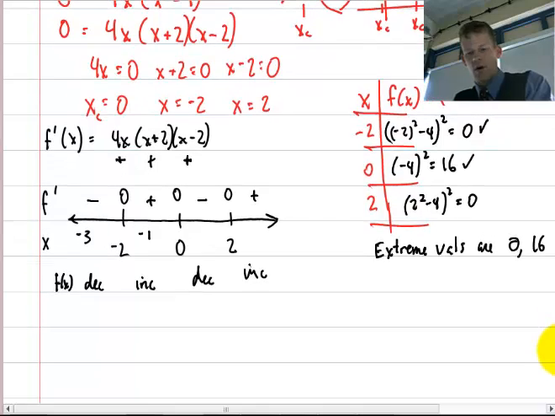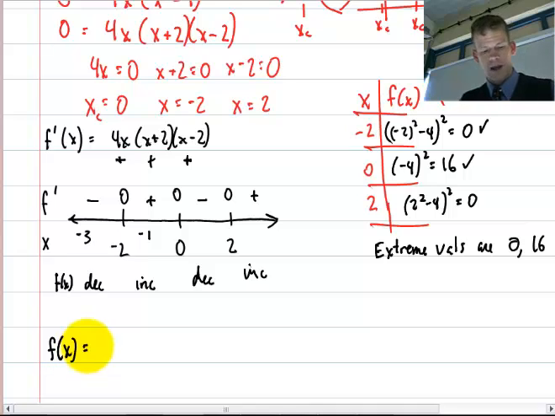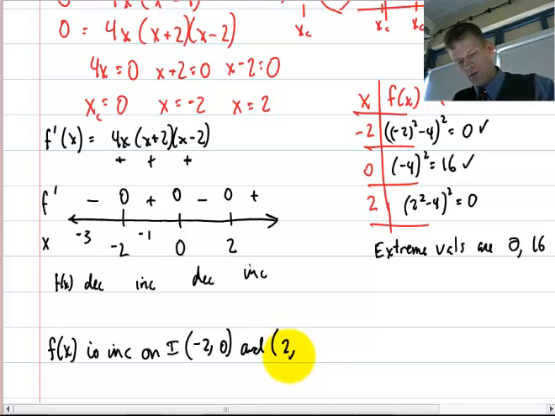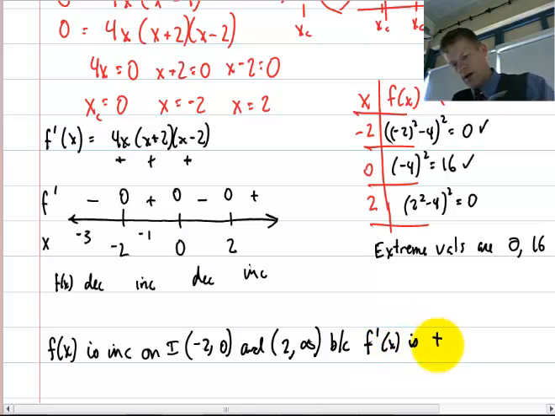So the way you want to write out the statement correctly, so you get full credit, you have to justify your statement. You say f of x is increasing on the interval from -2 to 0 and 2 to infinity because f prime of x is positive.